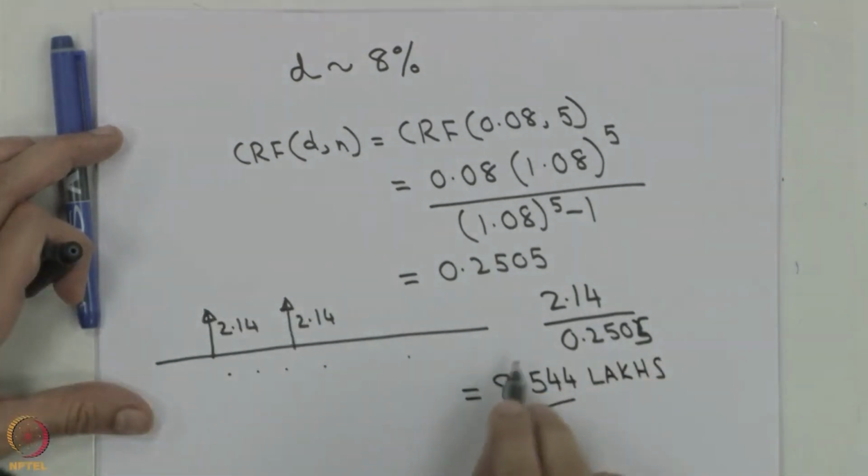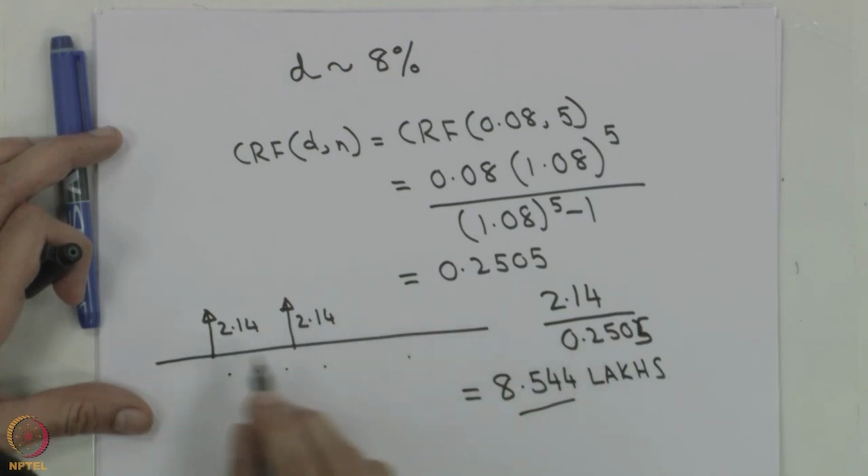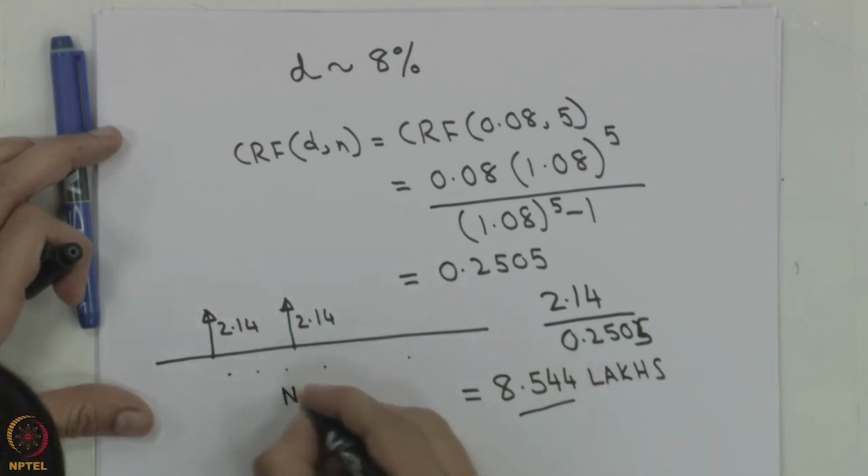Please look at this. This now is more than the initial amount of the loan taken, which was 8 lakhs. So, the net present value of the repayments is more than if it was a direct payment, and hence we should not take the loan.